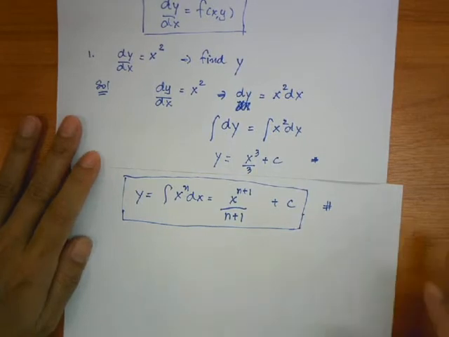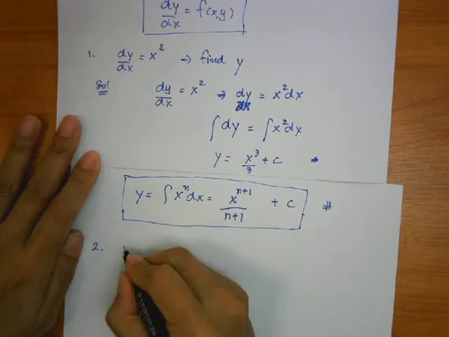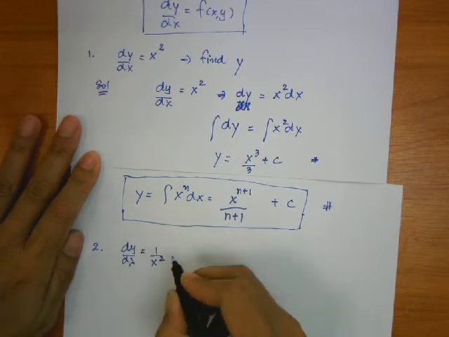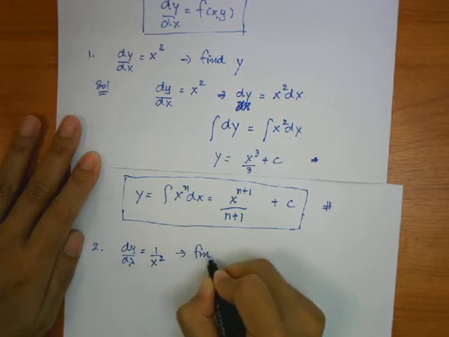So in that case, if we have dy by dx equal to 1 over x squared, find y.